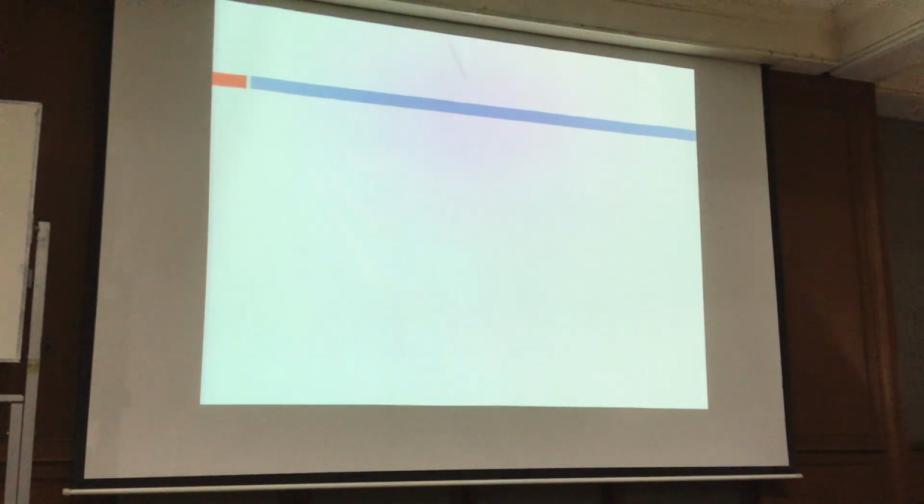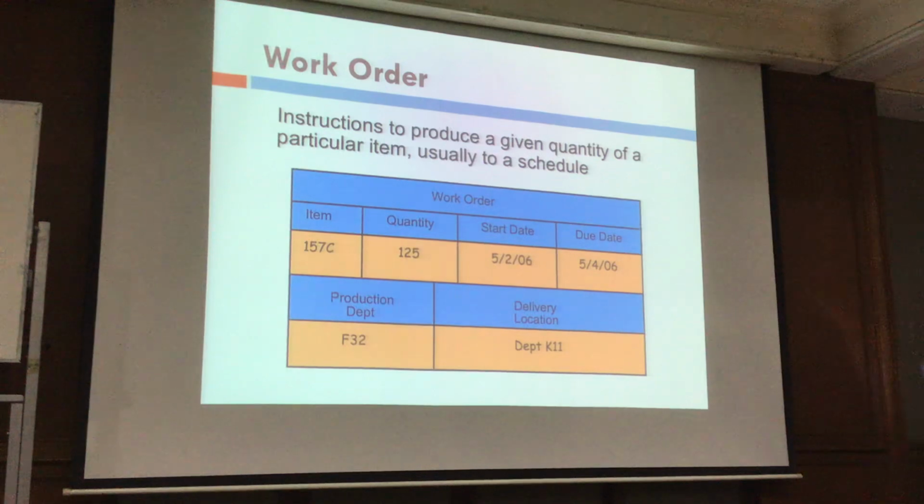Lastly is the work order. This is the instruction that provides detail about what you are going to do, on what day, and which item is involved, with what quantity. In this case, it shows the quantity of the particular item to be scheduled, right?